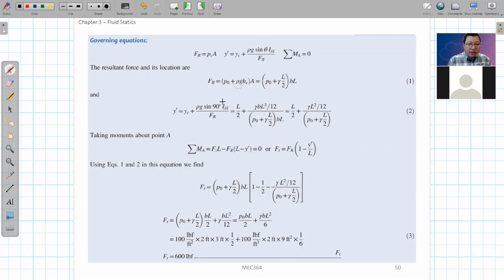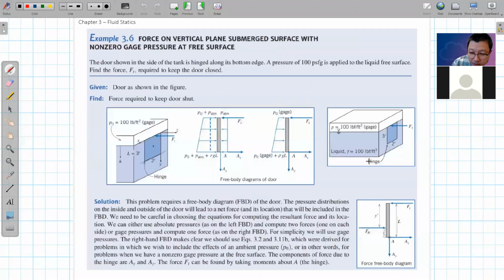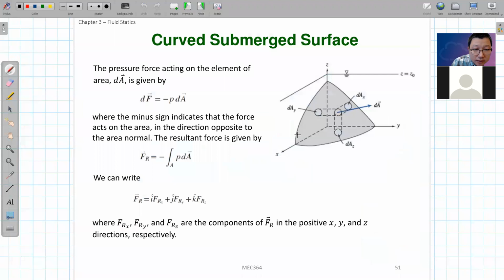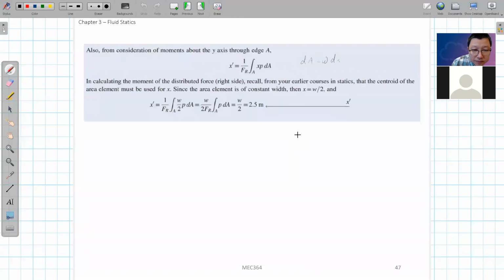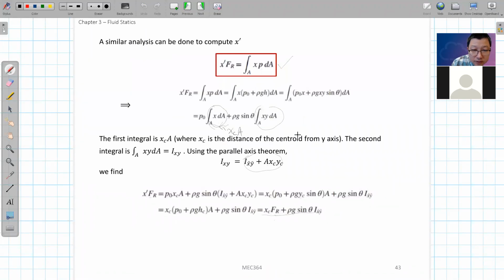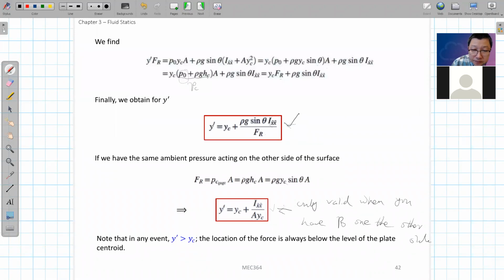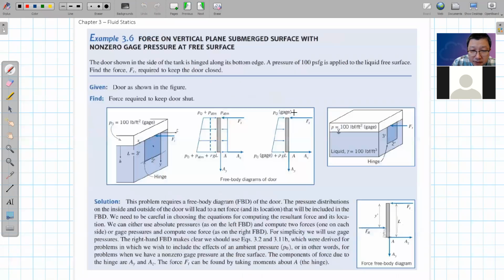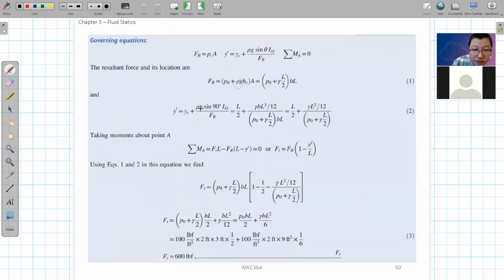And also we want to calculate what this Y prime location will be, and it will be equal to, using this correlation we have here: Y prime equals Y_C plus rho g sin theta I_XX divided by F_R.